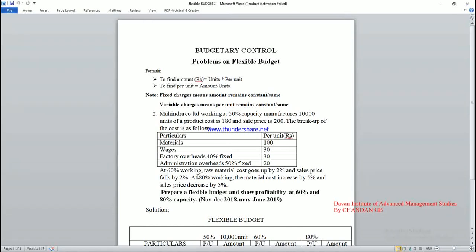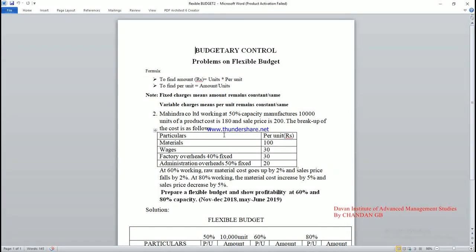Like that, the second adjustment is at 80% working capacity: the material cost increases by 5% and the sale price decreases by 5%. So prepare a flexible budget and show profitability at 60% and 80% capacity. This question was given in the November, December 2018 paper and the May, June 2019 paper for 15 marks.